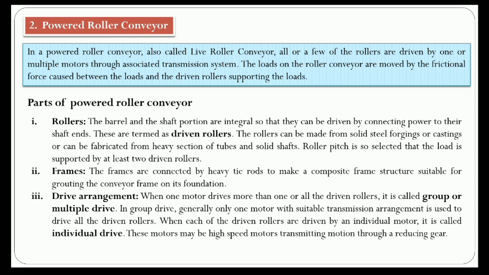But in some conveyors, it may happen that some of the rollers are not moving. That means some of the rollers are not associated with a drive mechanism, but some are associated with a drive mechanism.